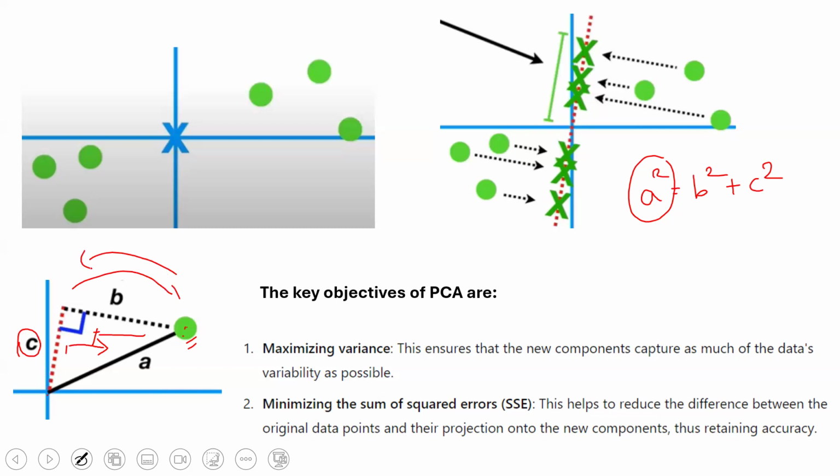When this line is moving towards the point, C is increasing, right? C is nothing but this distance.